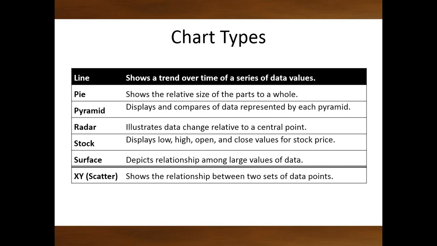And this one goes for those in the stock exchanges. Then we have the surface chart, and this type of chart depicts relationship among large values of data. The final chart type is the XY or scatter chart, and this shows the relationship between two sets of data points.